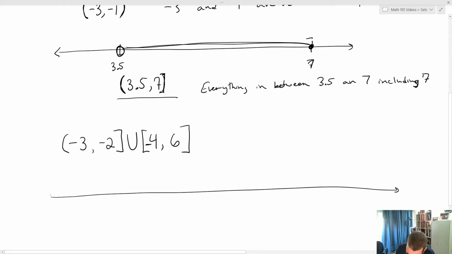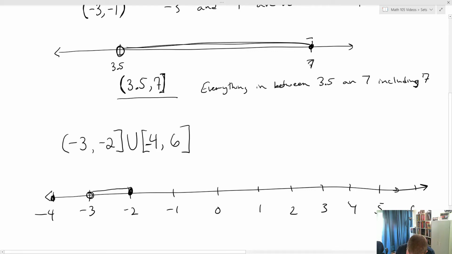I'm going to envision this using my number line. So I've got -3, -2, -1, 0, 1, 2, 3, 4, 5, all the way up to 6. The first set is going to be -3 to -2. We're not going to include -3. We're going to go to -2, and we are going to include -2. And then we'll have -4, which is over here. We're going to include -4, and this next set is going to go to 6.